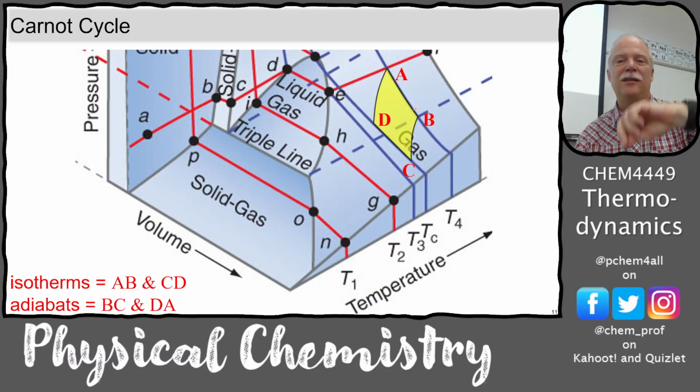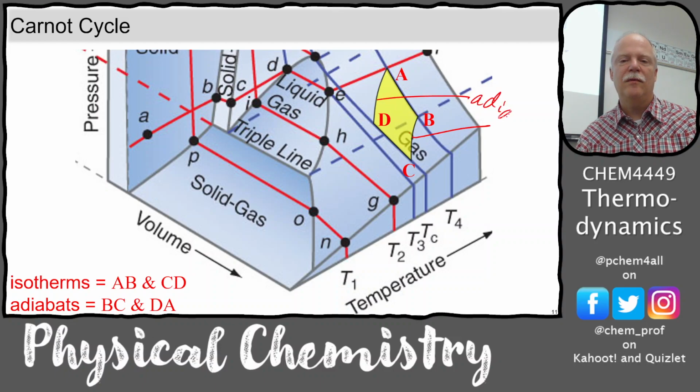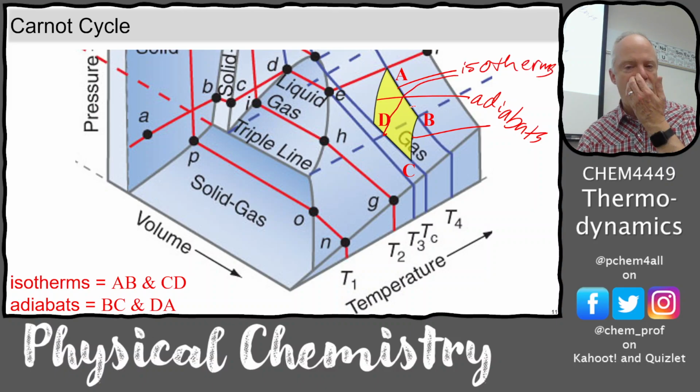So the steepest descent line is the adiabat. I did my best to draw it, but here's a little Carnot cycle shown. So these are the adiabats and the isotherms. And I've got it written over there in the far corner.